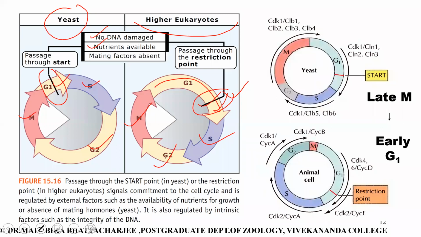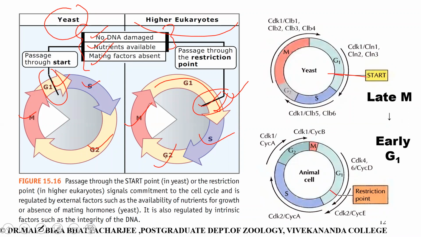Since this diagram shows yeast also, in yeast the mating factors must also be present. So assuming there is no DNA damage and all nutrients are present, the cell passes from G1 to S via the restriction point.